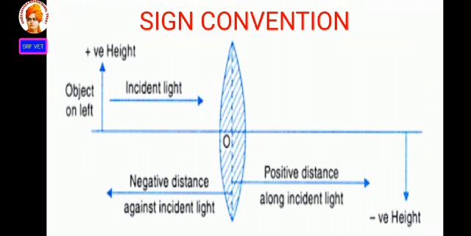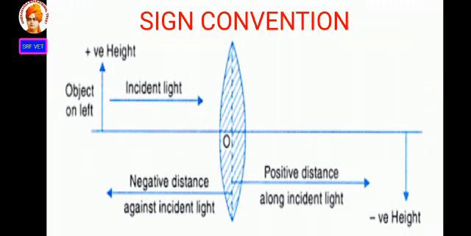The third point, the distances measured in the same direction as that of incident light are taken as positive. That means along the incident light are taken as positive distance. The distances measured against the direction of incident light are taken as negative.